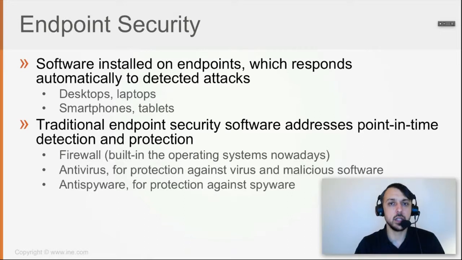And if there is, they're going to take action instantly. But it's a point-in-time detection and action. As the packet is being received by the endpoint, the firewall either allows the packet or drops it. It's a point-in-time detection, point-in-time action.